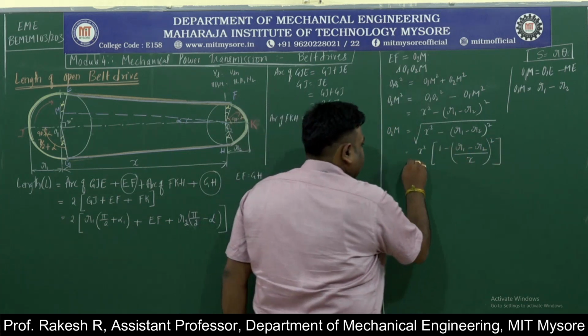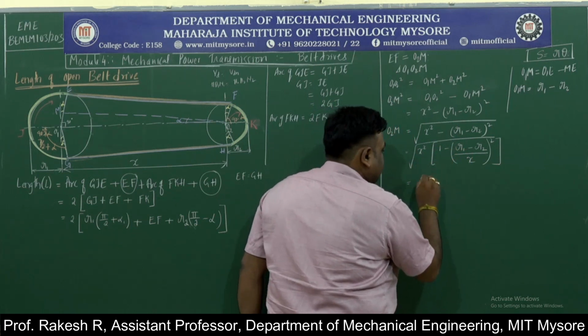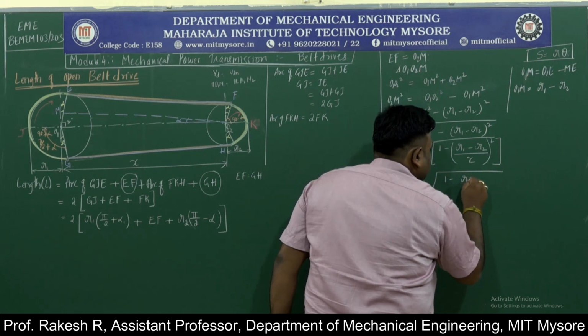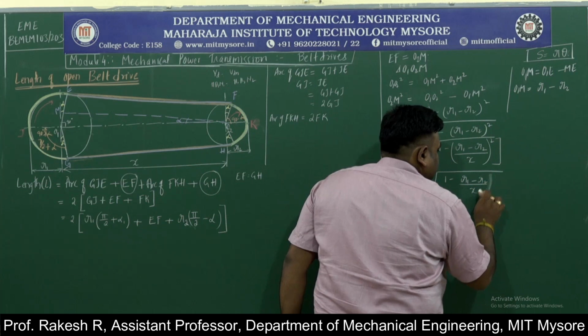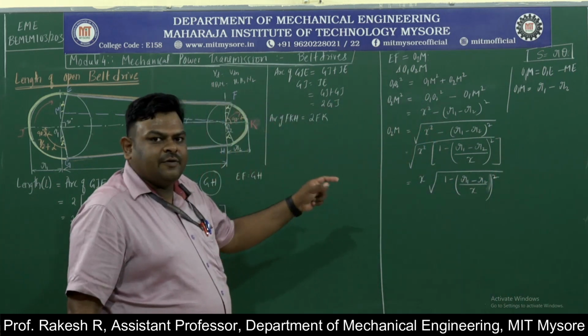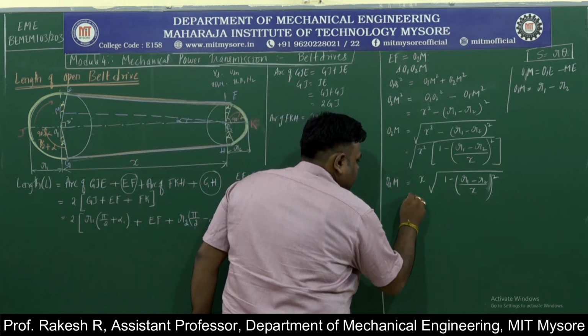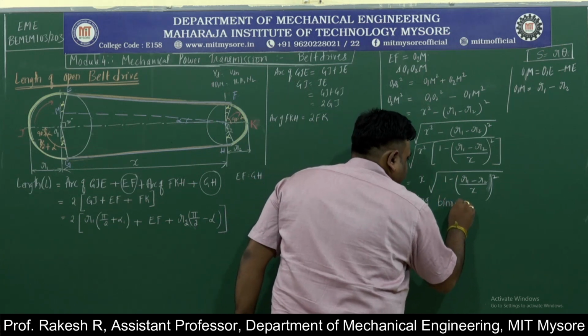Along with a root, I will bring a root here. This root will get cancelled. x into square root of 1 minus R1 minus R2 by x whole square. So we have to simplify this O2M using binomial theorem.